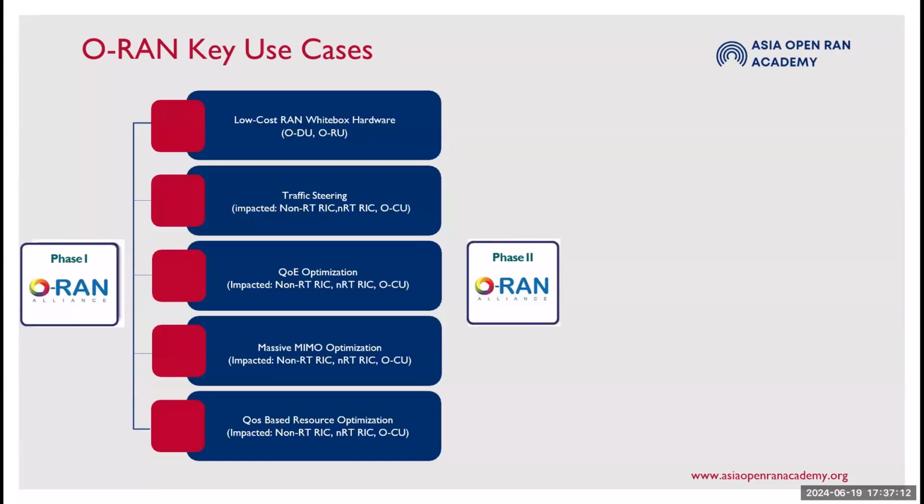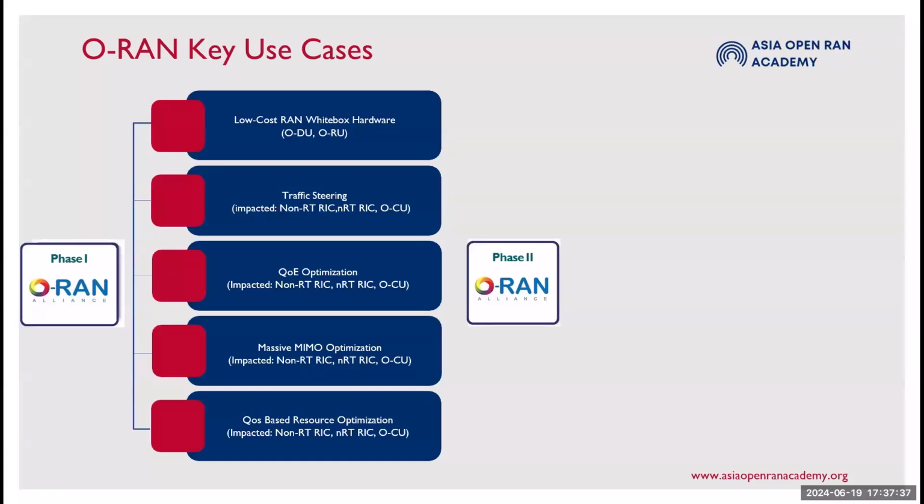But the traffic steering, quality of service, quality of experience optimization, and massive MIMO, you can encounter it in the current legacy system, no? Yung mga current na system natin like 4G and 5G. And those are because this phase 1 are very important because they relate to most of the situations na ginagamit natin in the current network.